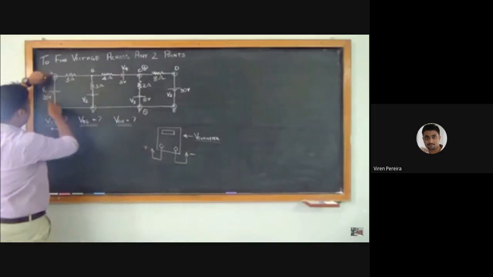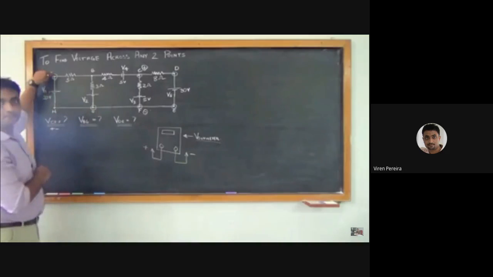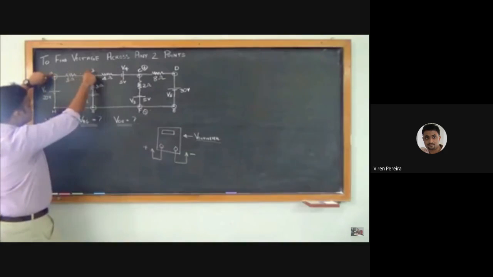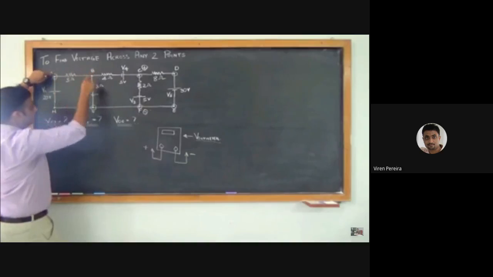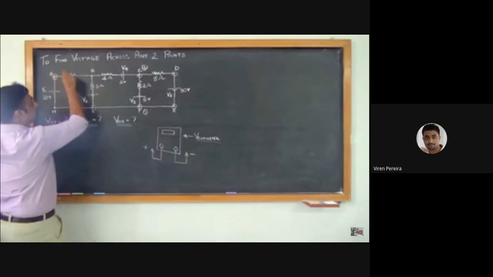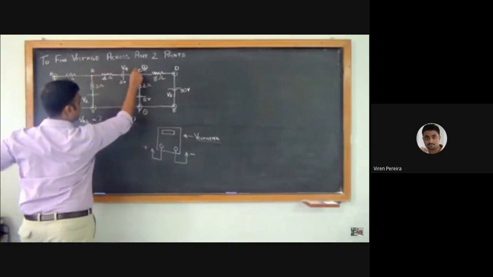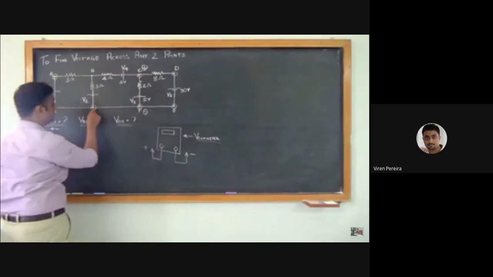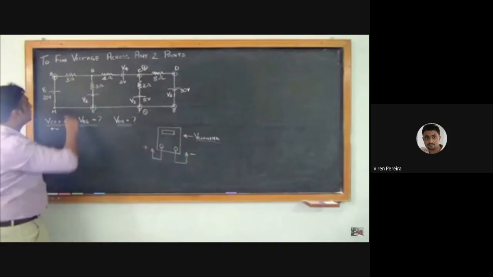But if the value of AG is 20 volts here, I should even get the voltage across points A to B, B to G also as 20. In the same way, from points A to B, B to C, C to F, F to G also as 20.